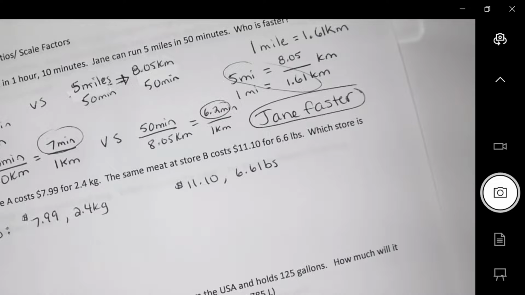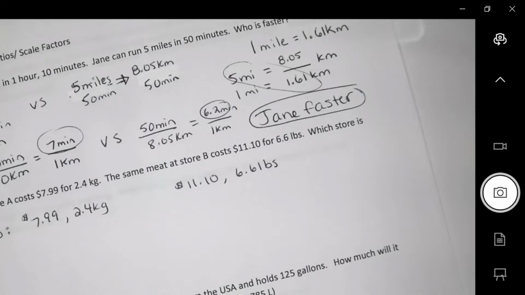So that's just me picking out the info. So dollars, that's good. Kgs and pounds, not good. So again, you can pick. We can do everything into kgs or we could do everything into pounds. It doesn't matter, as long as you're getting a comparison of the same thing.